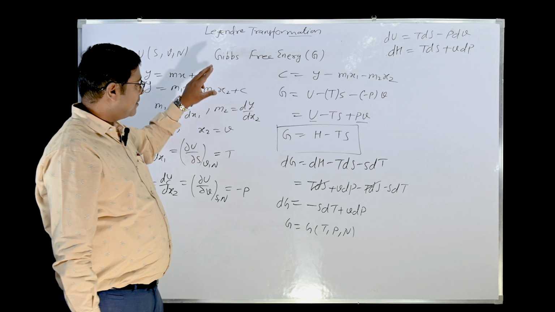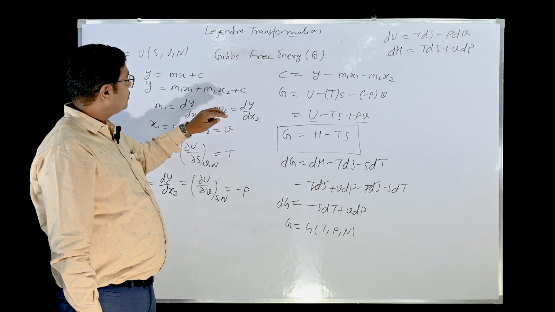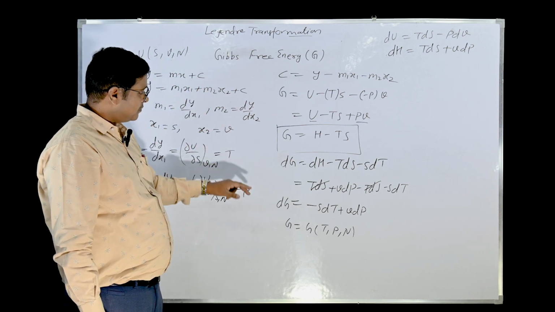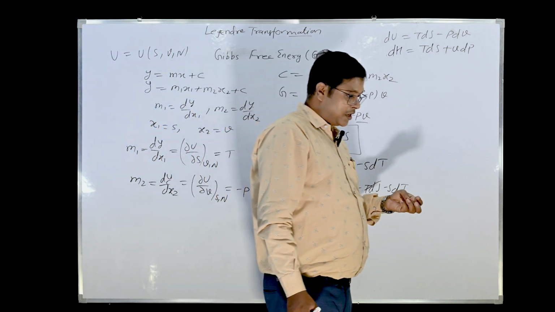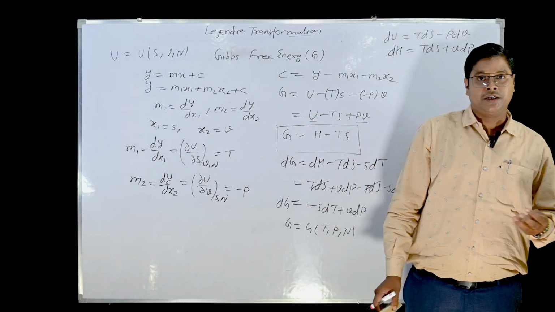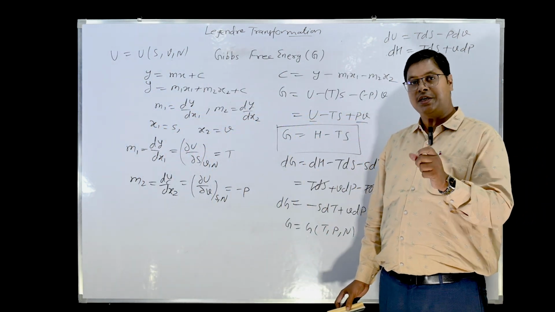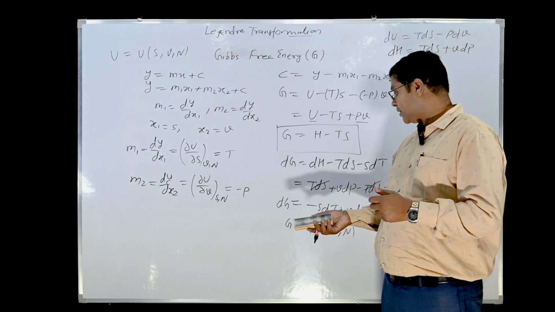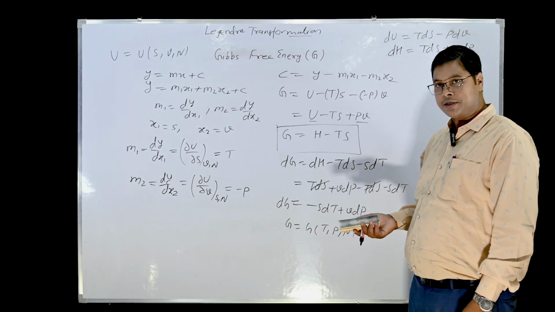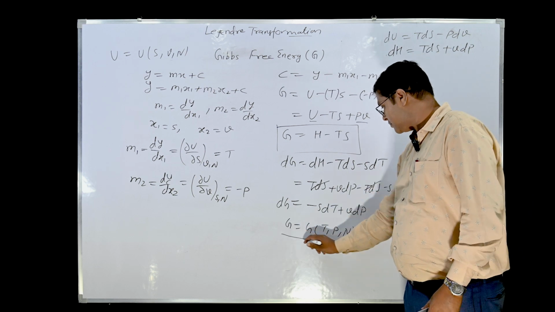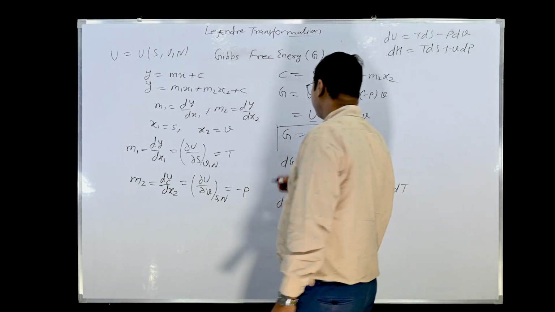So this is the complete formation, using the Legendre transformation, of another form of energy, the energy which we are finding with the measurable properties. So G is a function of T, P and N, like we have just seen.